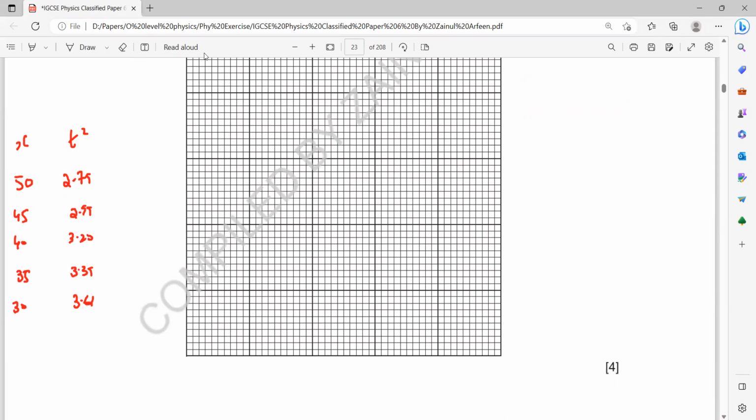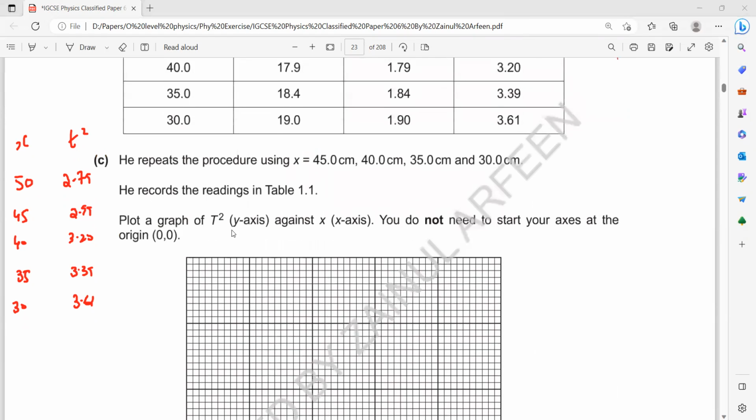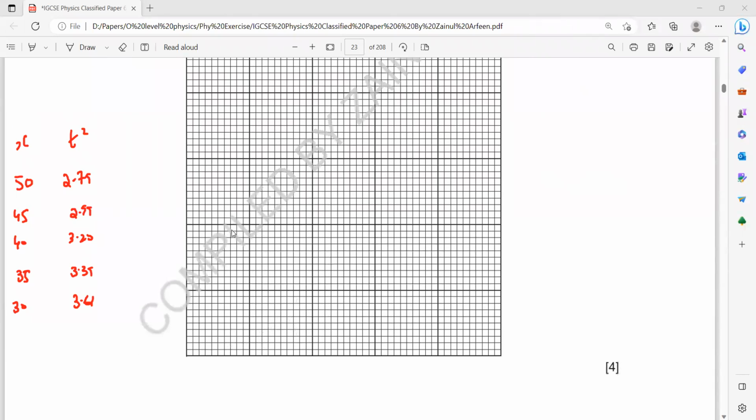So T square, this will be capital T square, not the small one, because it's the time period square. And the unit will be second square. And here we have x and the unit was in centimeter.